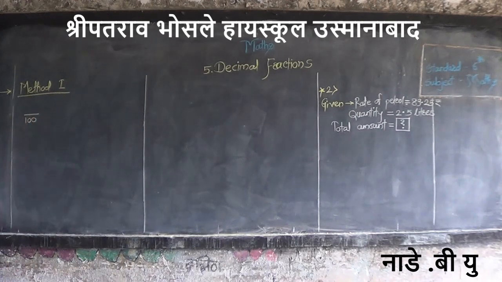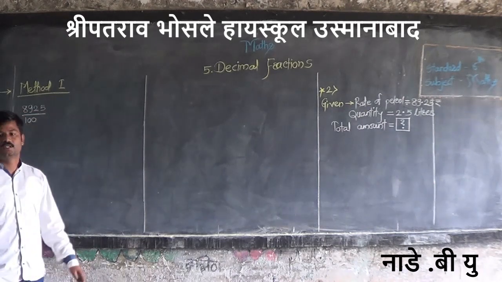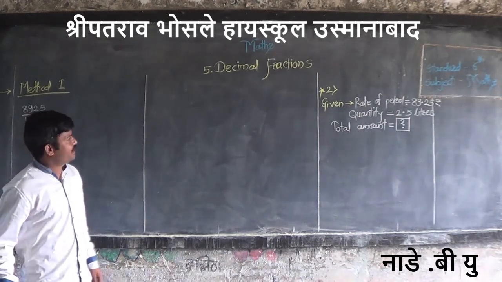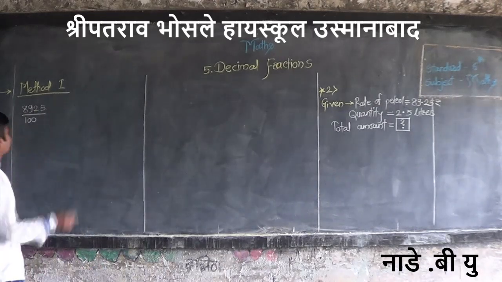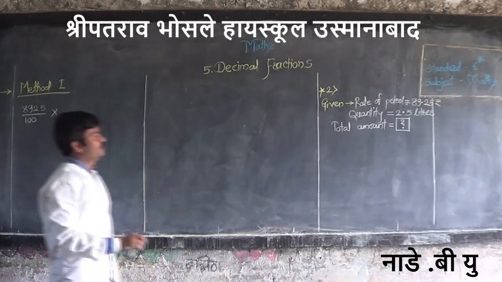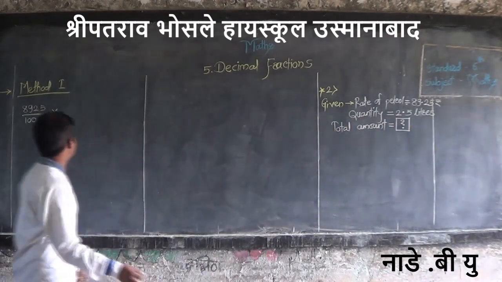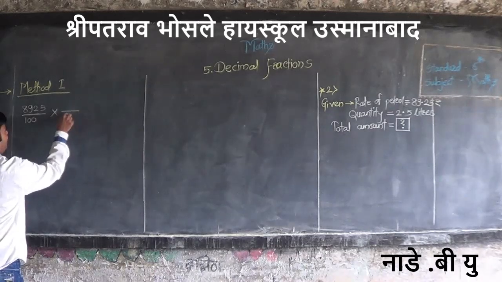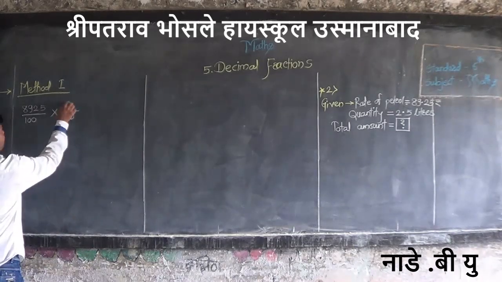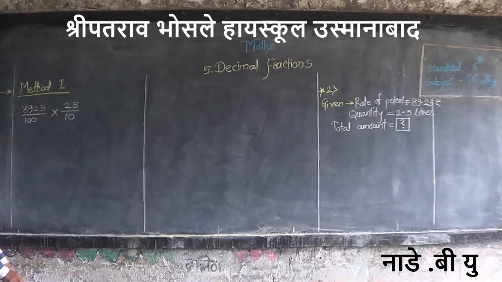The denominator is 100 because of the two decimal places, and the numerator is 8925. The next number is the quantity, 2.5 liters. One decimal place, hence the denominator is 10 and the numerator is 25.